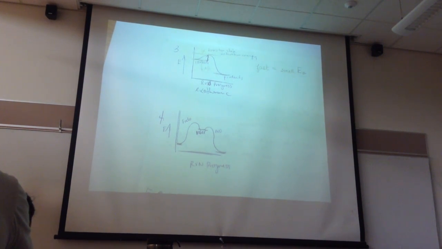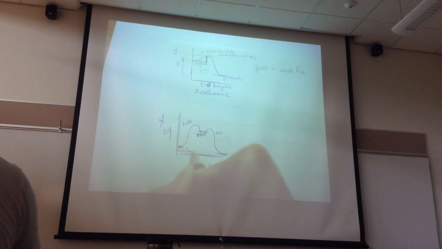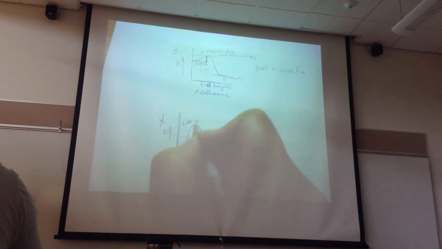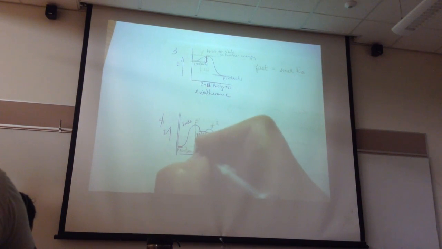So if we said label everything, this is not labeling everything. We would like to have the reactants written there, and we would like to have the products written here. That's what we mean by labeling everything. We would have the first transition state 1, the second transition state 2. It would be nice that you label the energy of activation.